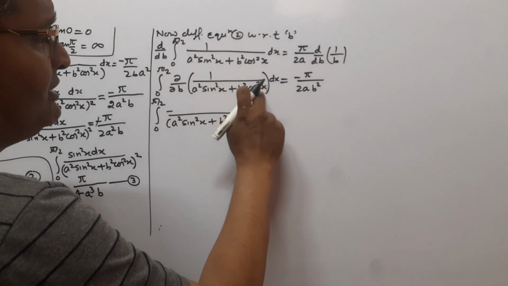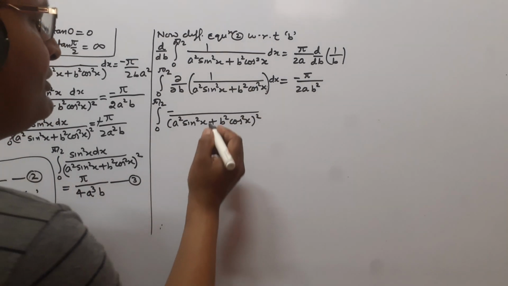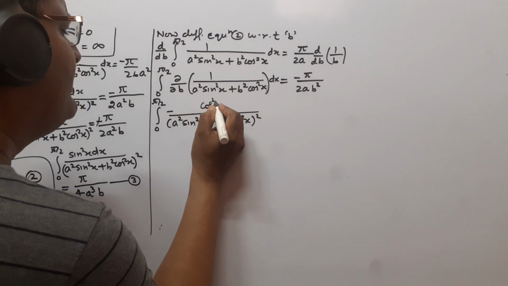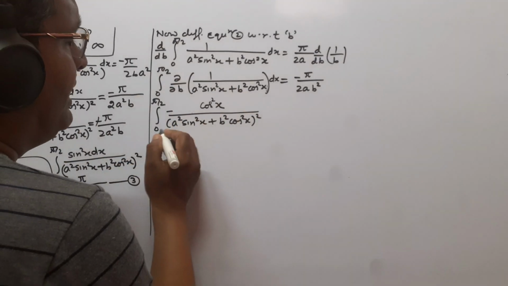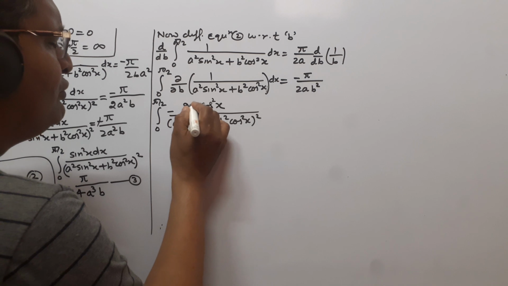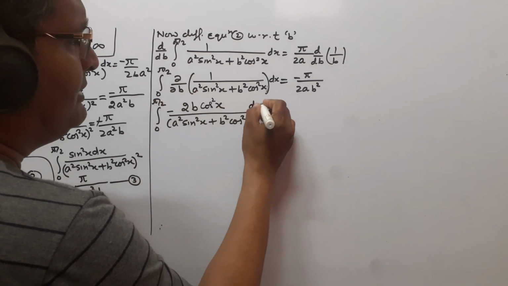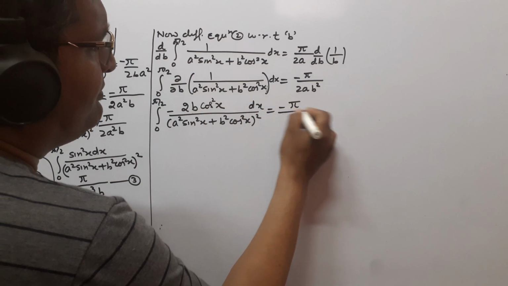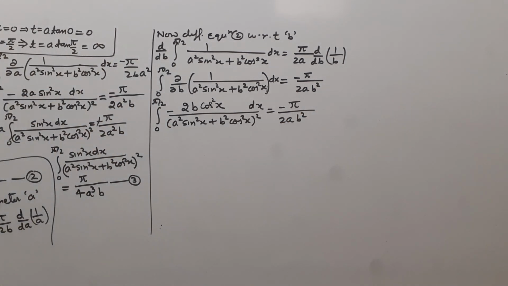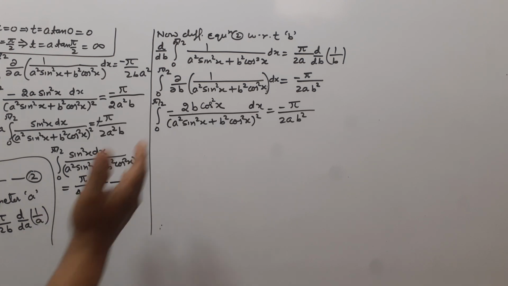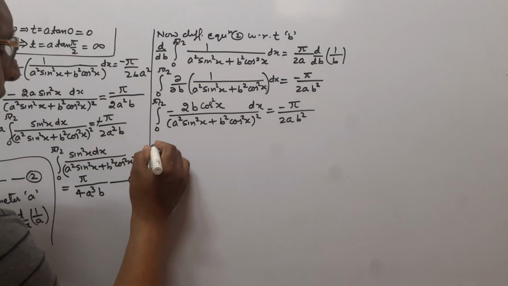Now we differentiate b² cos²x. So cos²x is constant because we differentiate with respect to b partially, and the differentiation of b² is 2b. And on the right-hand side this is -π/(2ab²). So on the left-hand side we can see that this -2b is constant, so it will be outside the integral sign.